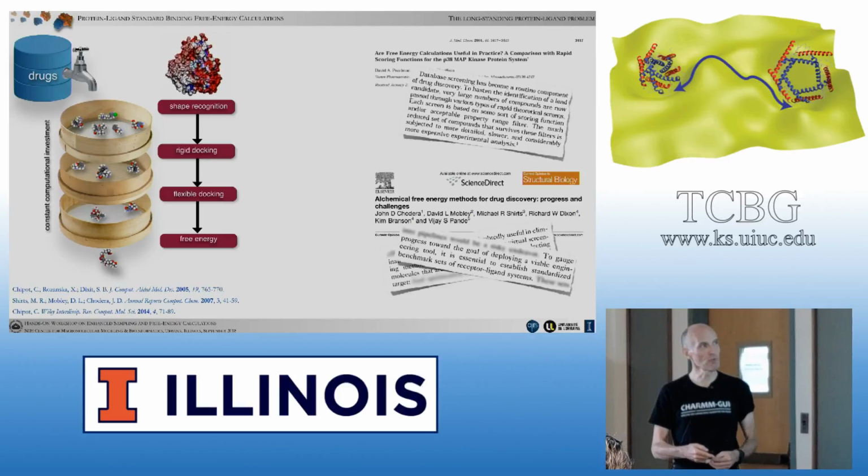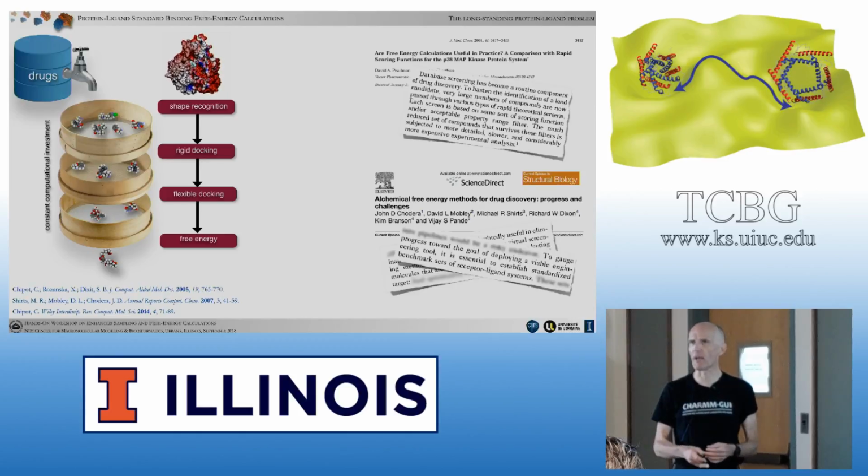But what we need to do first is to gauge progress toward the goal of deploying a viable engineering tool. It is essential to establish standardized benchmark sets of receptor-ligand systems. And that's what forms the rationale for efforts like SAMPL1, SAMPL2, SAMPL3.